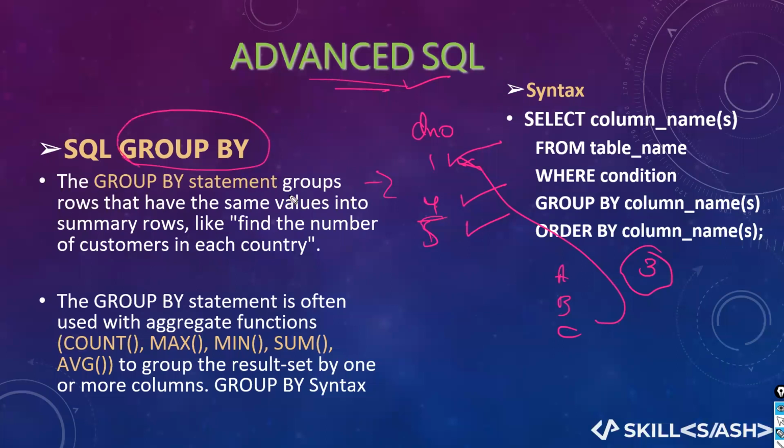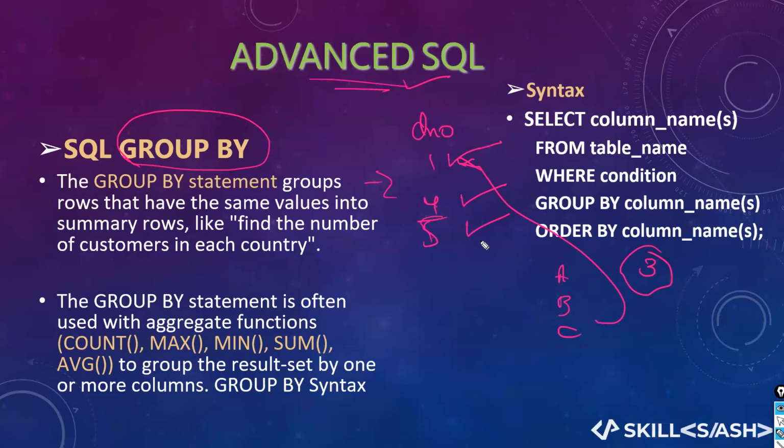So the group by statement groups all the rows that have the same values into a summary row. Basically, this group by clause is very helpful to summarize the output. Example: find the number of customers in each country. Find how many customers there are for male and female.